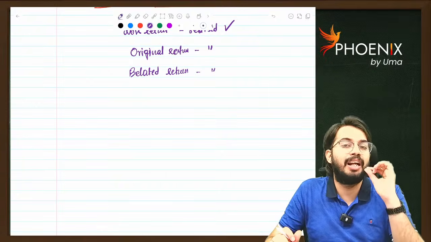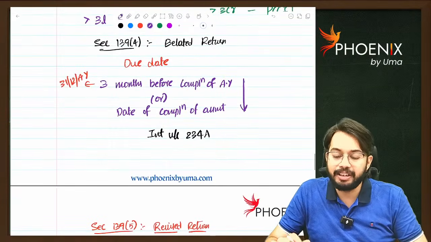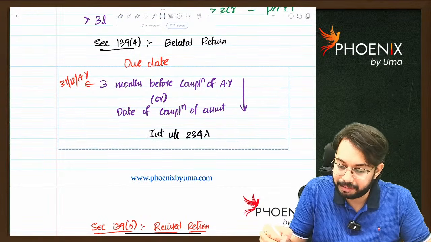Whatever the due dates that are there for belated return, same due dates are applicable for revised return also. Are you able to understand?